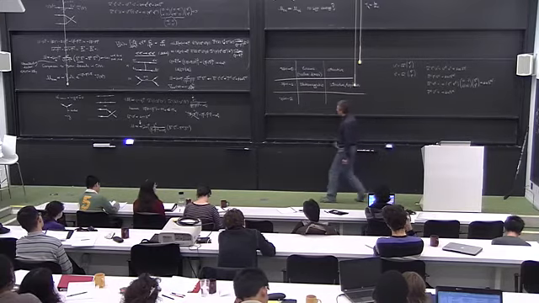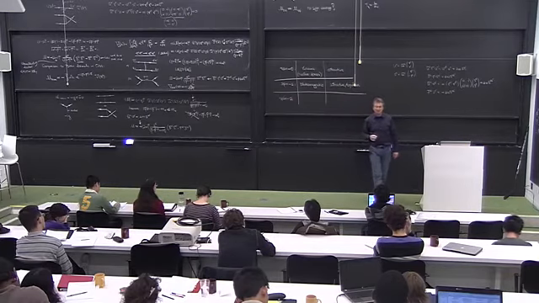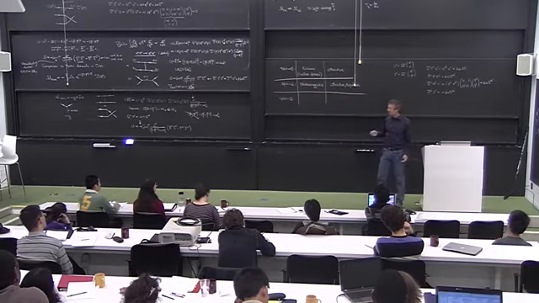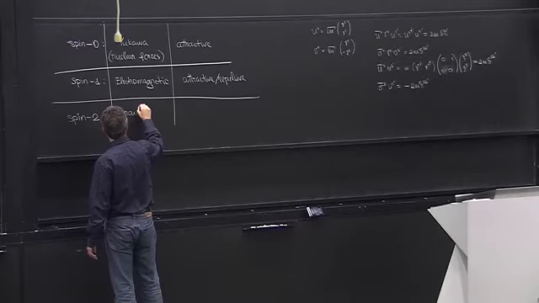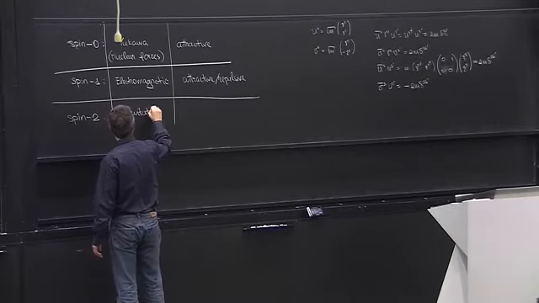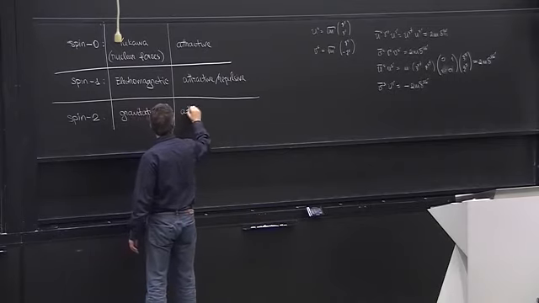So anyway, what is spin 2 interaction? What are spin 2 particles? Gravitons. So this is the gravitational interaction, and that's universally attractive.